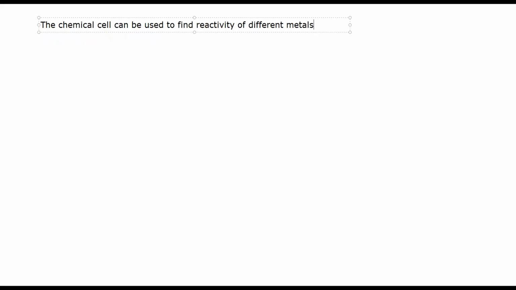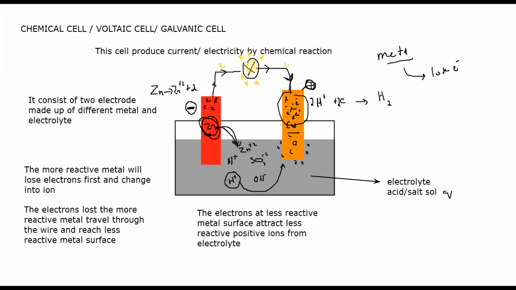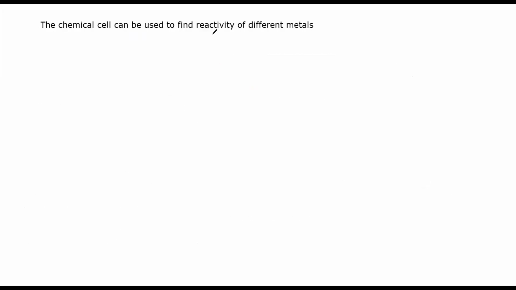With respect to movement of electron, in the beginning, this plate was not having an extra electron. This plate was having extra electron. That's why in the beginning, this plate is negative, and the electron moves from this plate to another. We call that the positive plate. So chemical cell can be used to find the reactivity of different metals.